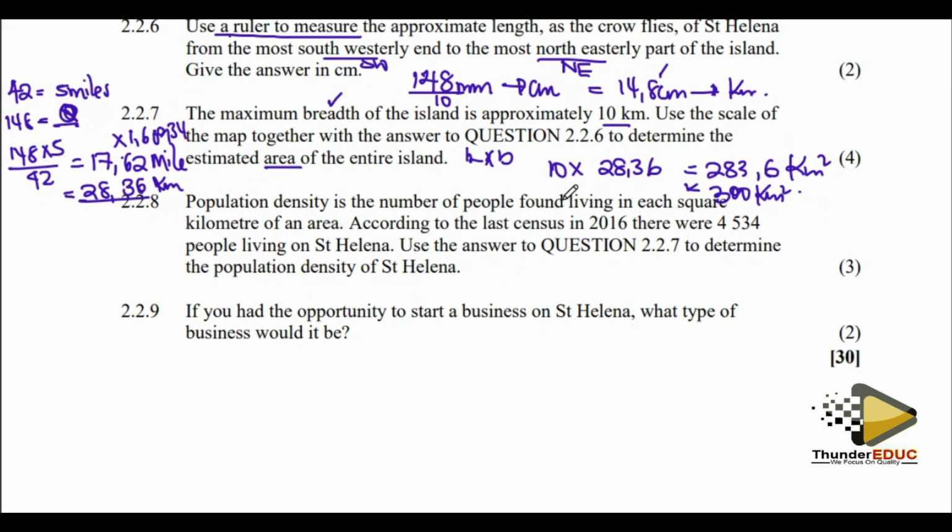So the last census was in 2016, so the last time they counted people, it was 2016, according to this statement. In the last census in 2016, there were 4,534 people living on St. Helena, the island. Use the answer in question 2.2.7 to determine the population density of St. Helena. The learner who is watching this, please take note.